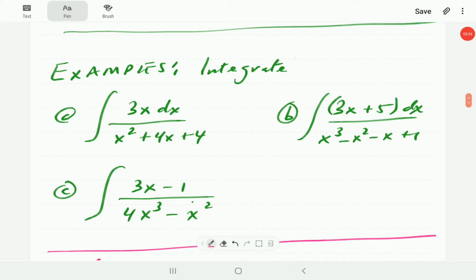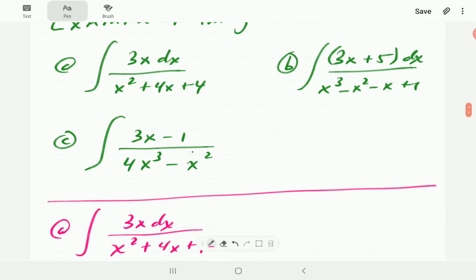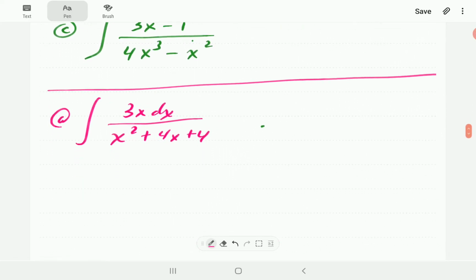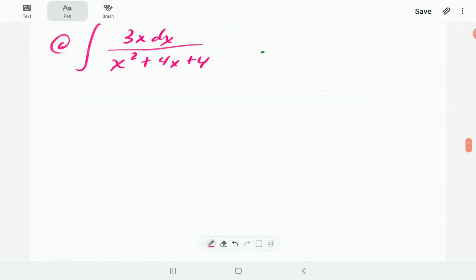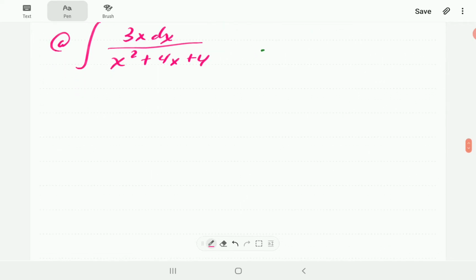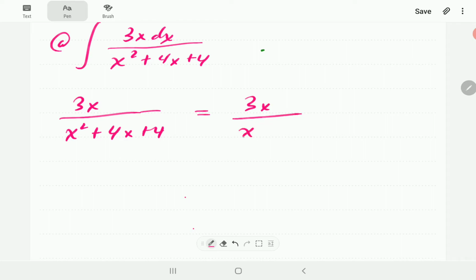All right, so suppose we've got these integrals here. We're going to start off with a. We've got 3x over x^2 + 4x + 4. If we factorize x^2 + 4x + 4, this gives us (x + 2)^2.